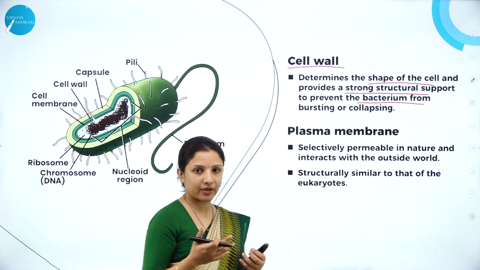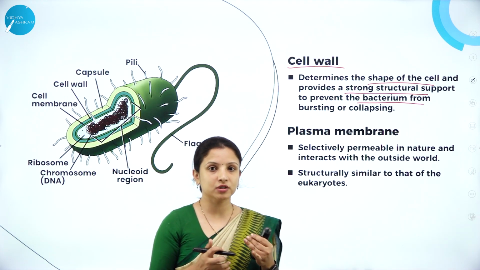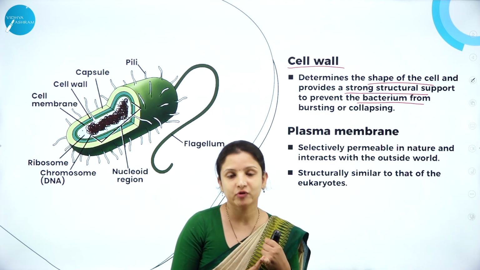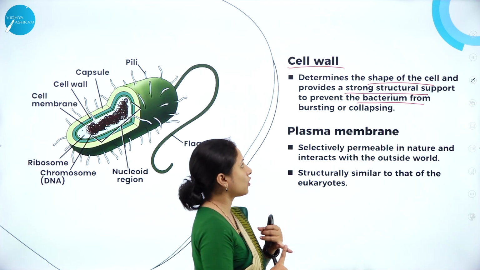So for that, it is very, very important. That is the cell wall. The main function of the cell wall is it gives proper shape to the cell, that is the prokaryotic cell, especially the bacteria that we were talking about here.